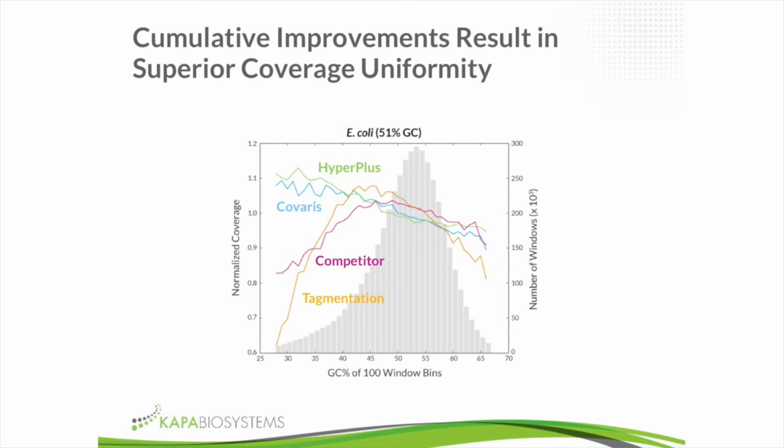In this study, 4 workflows were assessed: HyperPlus, Covaris plus HyperPrep, tagmentation, and a competitor that also utilizes an enzymatic fragmentation methodology. You can see that we have relatively even coverage with HyperPlus and Covaris, whereas there is a large underrepresentation of AT-rich regions with the competitor and tagmentation-based approach.